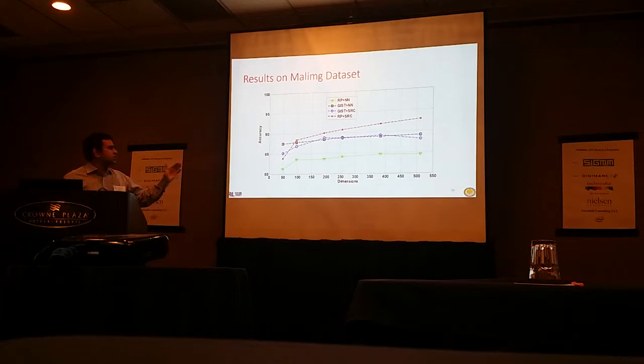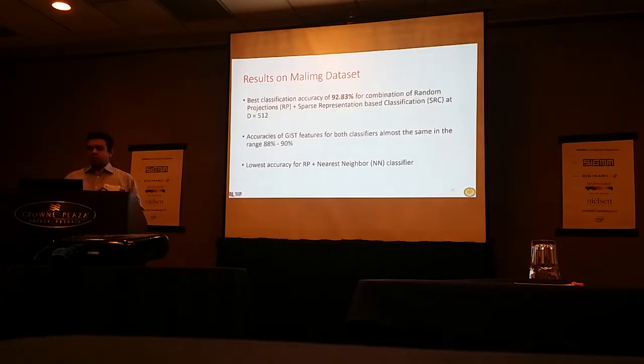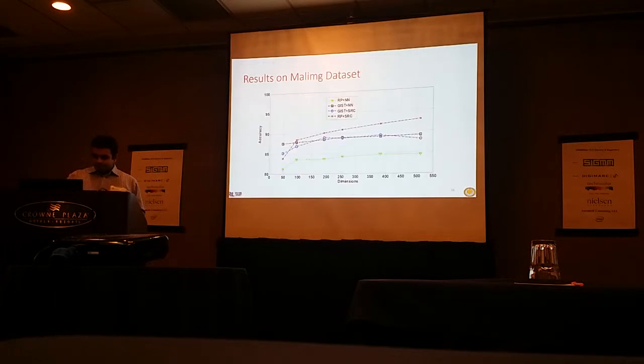So first, I'll show the results on the mal-image data set. We see that the red curve, the combination of random projections and sparse representation based classification, outperforms the other two. The best accuracy of 92.83% was obtained for this combination at a dimension of 512, and you can see that below a dimension of 48, all the features perform poorly, and beyond 512 there wasn't much difference in performance.